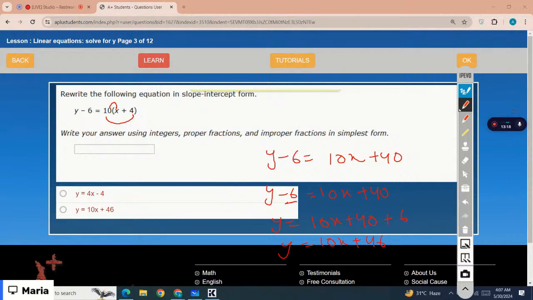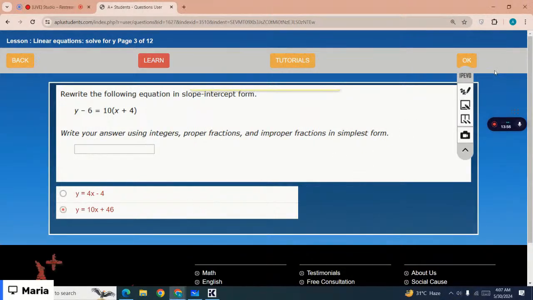The correct option is option number 2. y equals 10x plus 46 is the correct option.